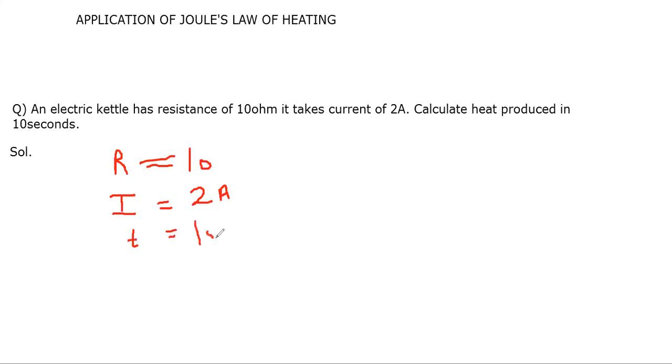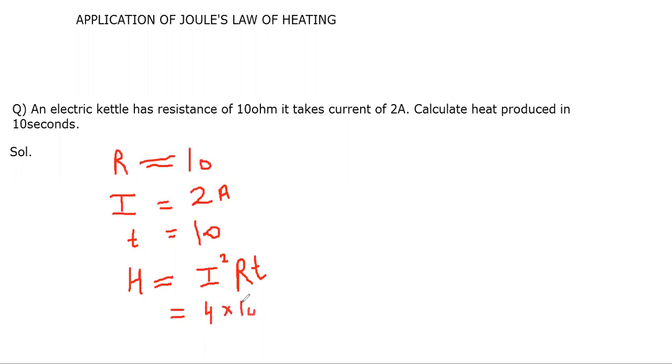The formula of heat, as we have come to know in this video, is that heat is equal to I square Rt. So we will just write the formula: H is equal to I square Rt. So I square is 2 square, which is 4, R is 10, and time is also 10.